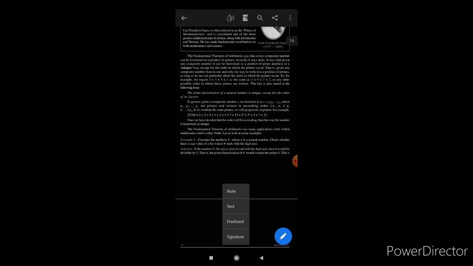For example, 32,760 is equal to 2 times 2 times 2 into 3 into 3 into 5 into 7 into 13, which is equal to 2 power 3 multiplied by 3 square multiplied by 5 into 7 into 13.